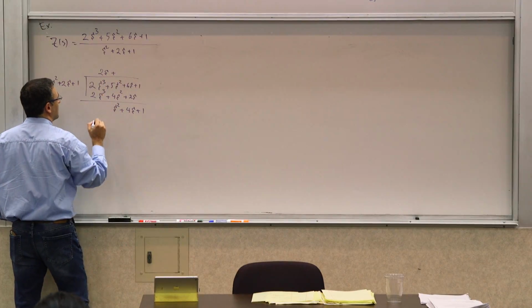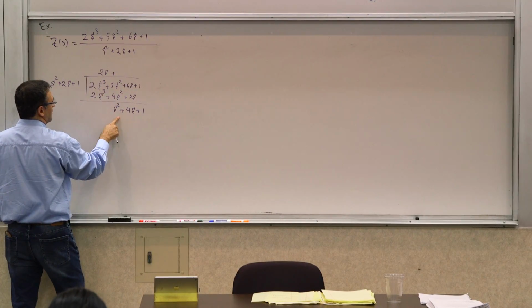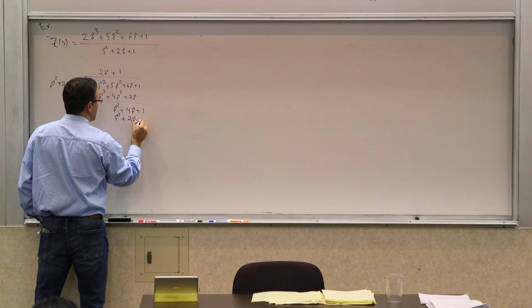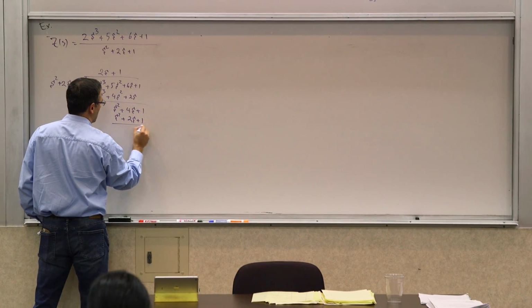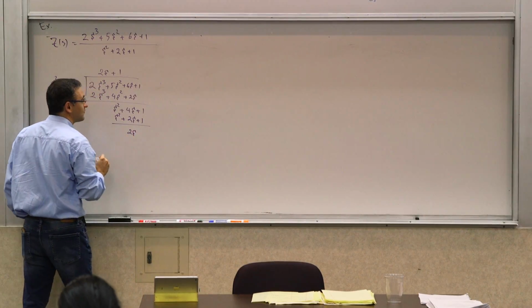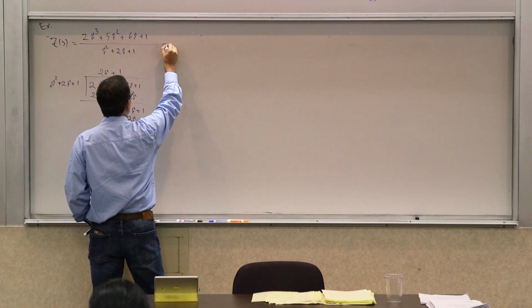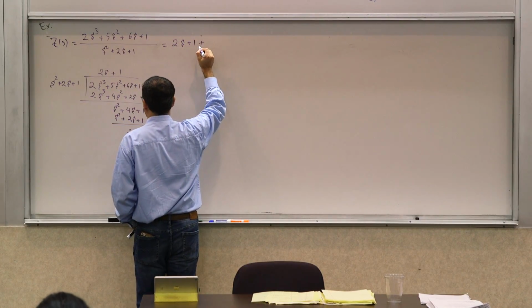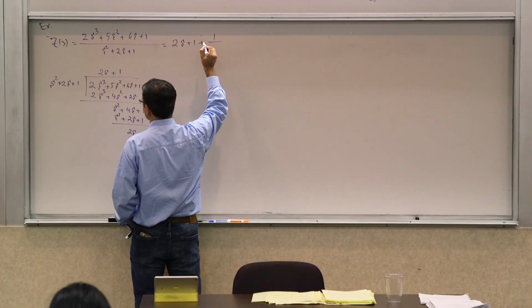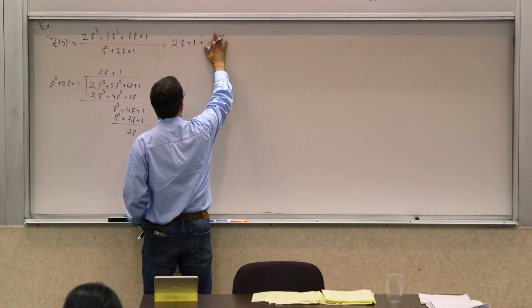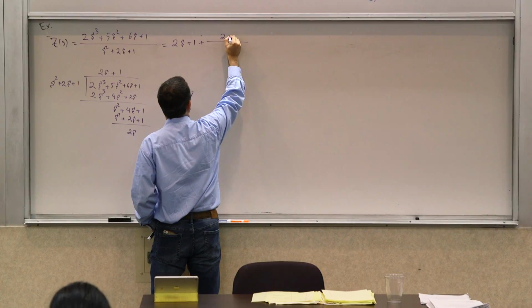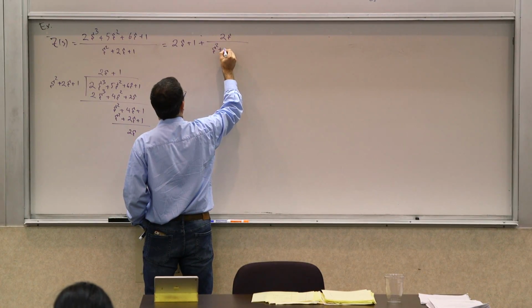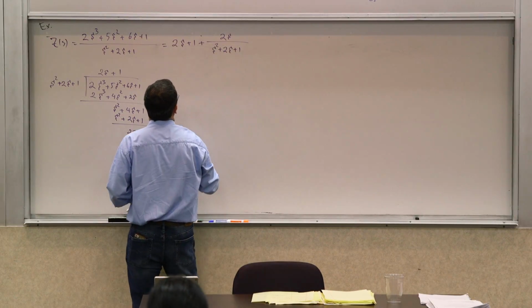So what's the next term? 1. So I get s squared plus 2s plus 1. So I get 2s. So I can write this as 2s plus 1 plus 1 over, or 2s over s squared plus 2s plus 1.